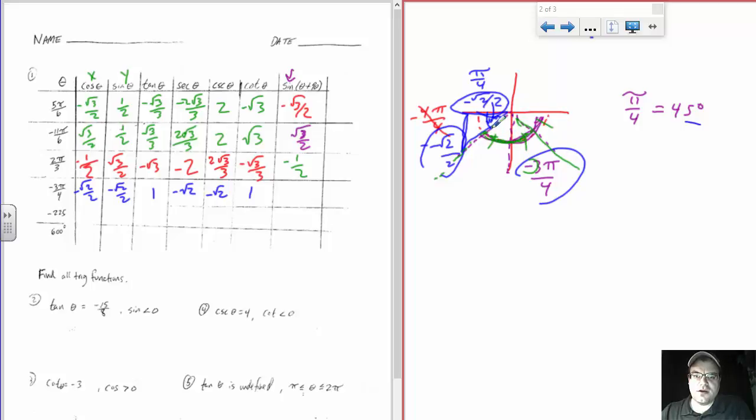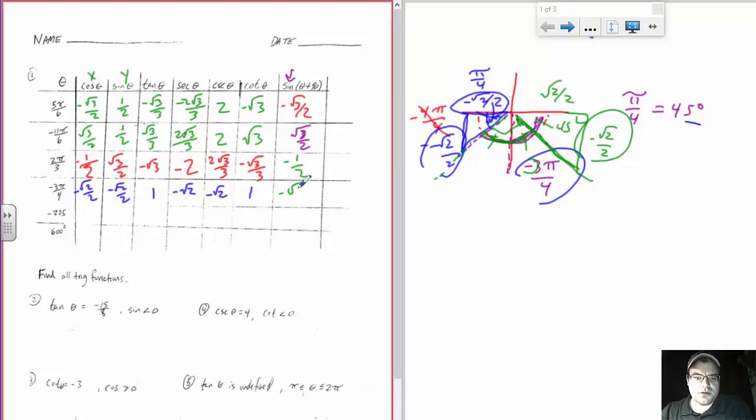So this angle total is a right angle. It's 90 is what I'm telling you. So it's going to put me back here on this angle. Now this is a 45 degree angle, I already told you, so this gives me a reference triangle again. And this is positive root 2 over 2, and this is negative root 2 over 2. So this is the angle I want when I add 90, and of course that sine value will be negative root 2 over 2, which is right here.